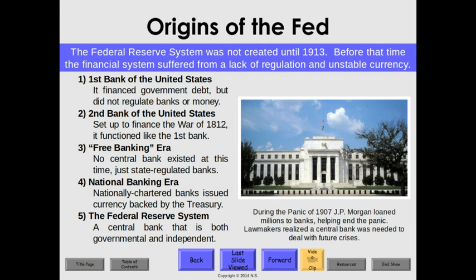In 1907, J.P. Morgan, an early titan of banking who rose to power during the Rockefeller, Carnegie, Vanderbilt era, actually wound up having to loan banks millions of dollars. And that lack of ability by the federal government to loan those banks the money they needed highlighted the need for a Fed.